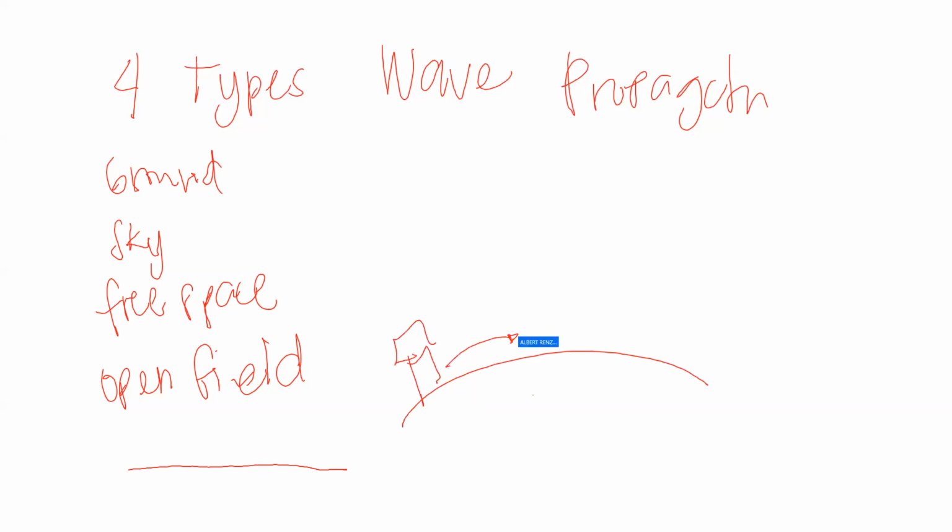Ground wave, and then skywave, nagre-reflect siya from the ionosphere. A region of rarefied air high above the Earth's surface that is ionized by sunlight. And we will be discussed further.